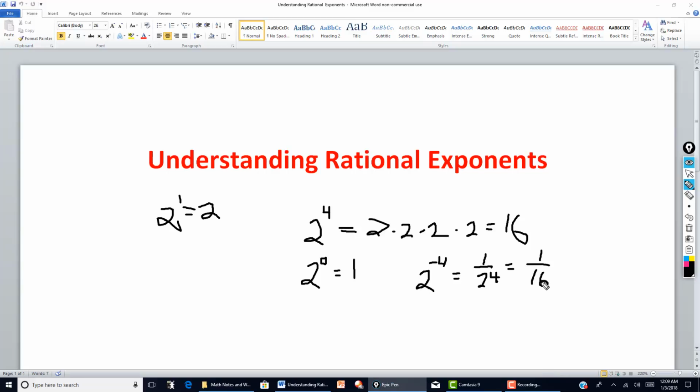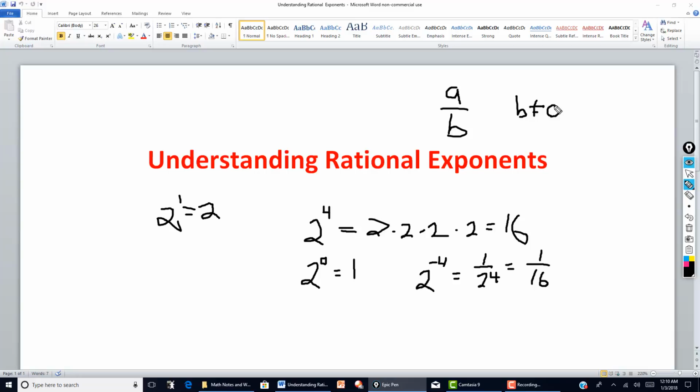In this video we want to look at the case where the exponent is a rational number, that is, a fraction. A rational number is of the form a over b, where a and b are integers, and as long as b, the denominator, is not 0, because division by 0 is not defined.